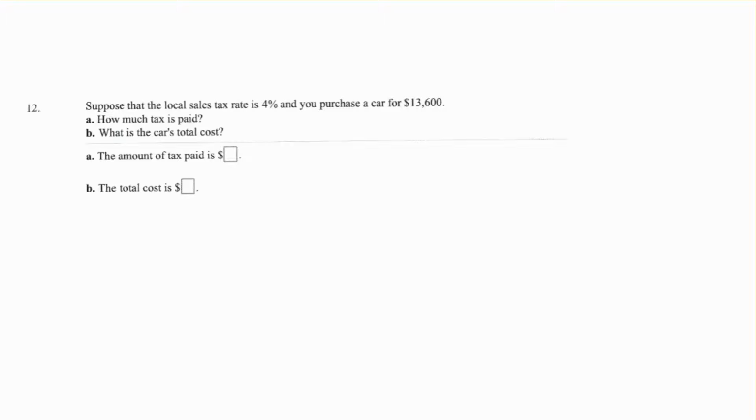It says, suppose that the local sales tax rate is 4% and you purchase a car for $13,600. How much tax is paid?